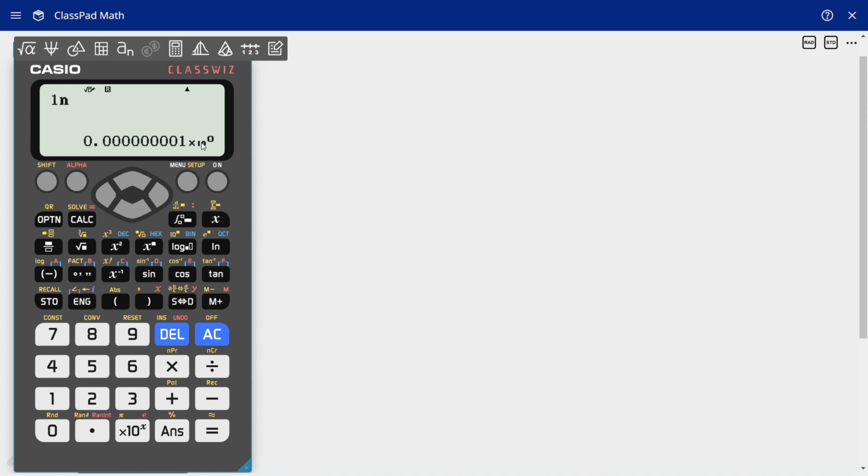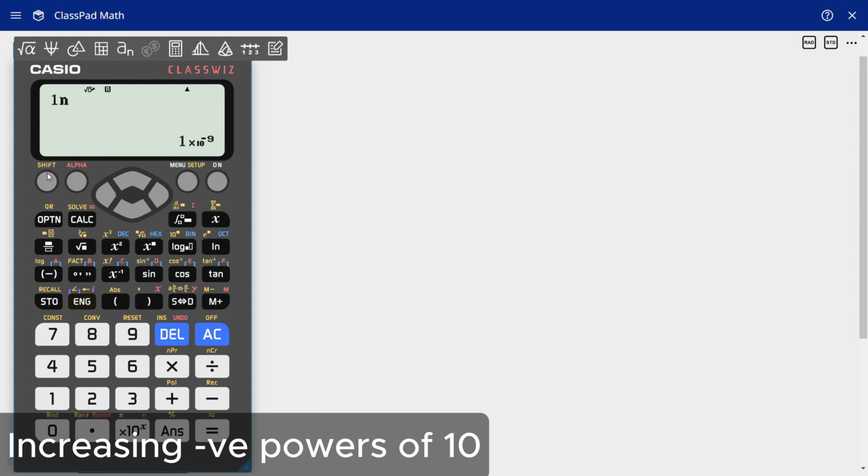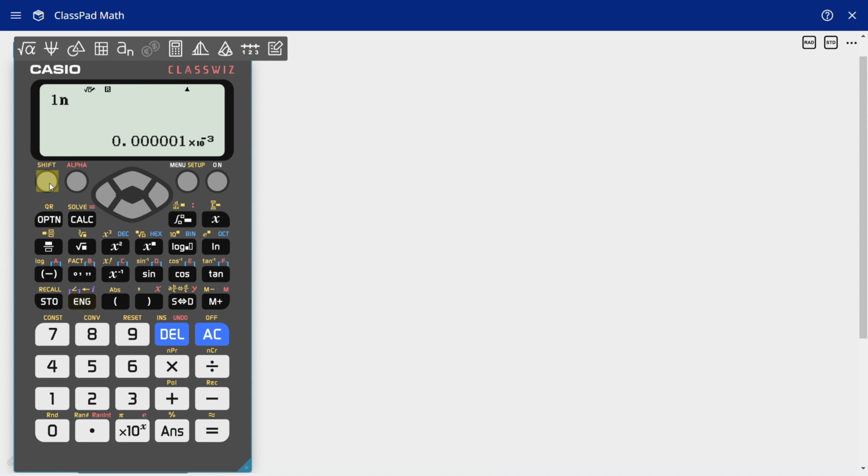Here I can see what it actually looks like just as a decimal because this is to the power of 0. But if you just click ENG without shift, it brings it backwards. And then with shift, it brings it forwards. I mean, decreases the power of 10 or increases the power of 10. So that might also be useful for you to know in the exam, in case you want to use it.